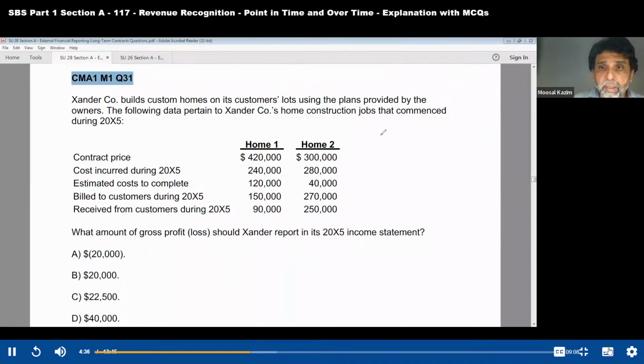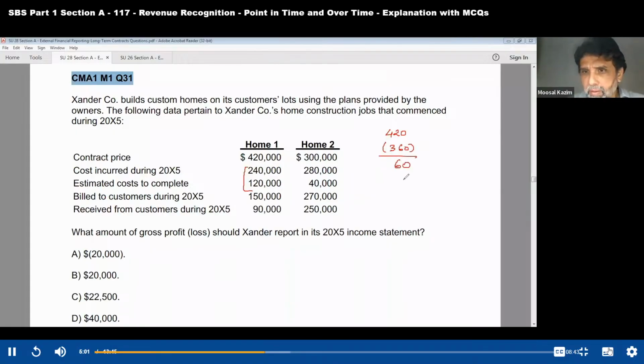First of all, we'll find out how much is the total profit. For home 1, it's going to be 420. I'll do everything in thousands, minus 360, because of the cost incurred during 2005 and the estimated cost to complete. So that is 360. So the total profit of the project is 60.